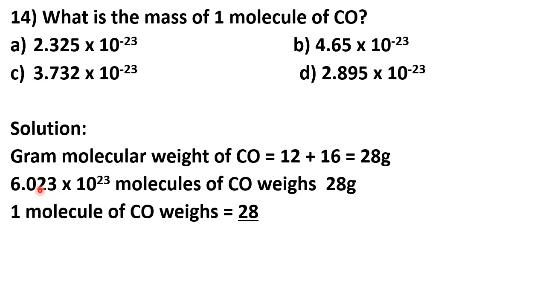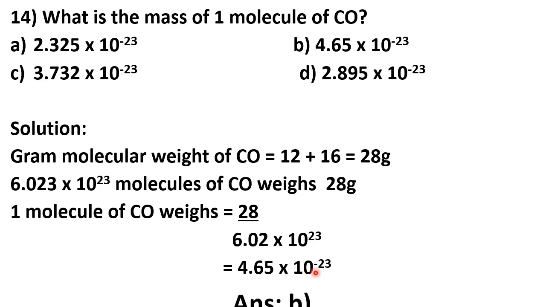Therefore 1 molecule of carbon monoxide weighs 28 divided by 6.02 into 10 raised to 23. So answer is 4.65 into 10 raised to minus 23. Hence the correct option is option B.